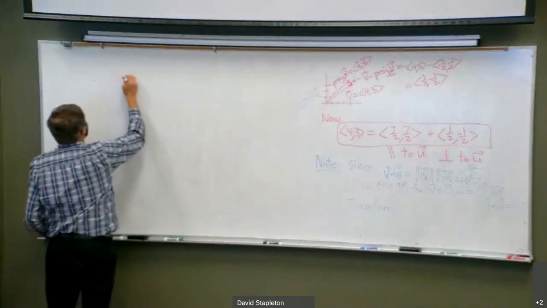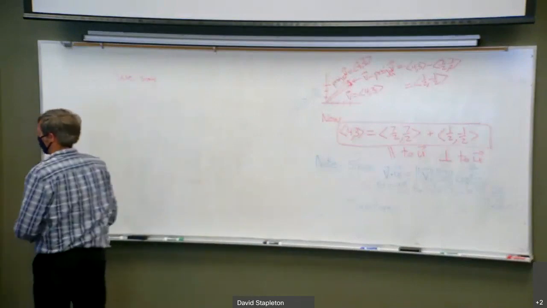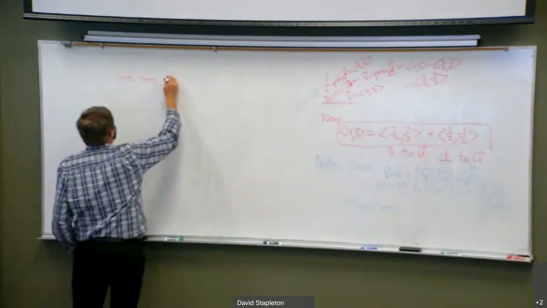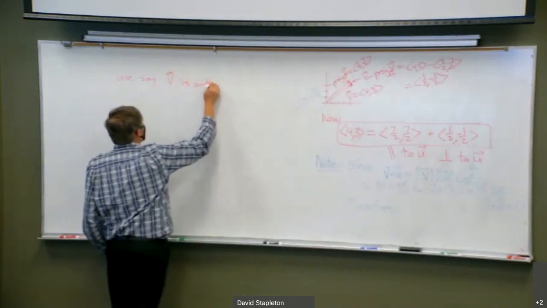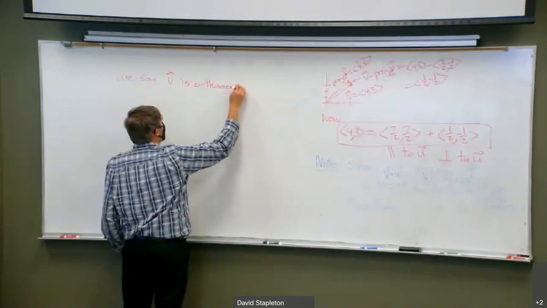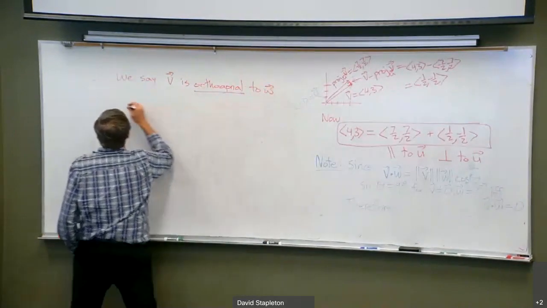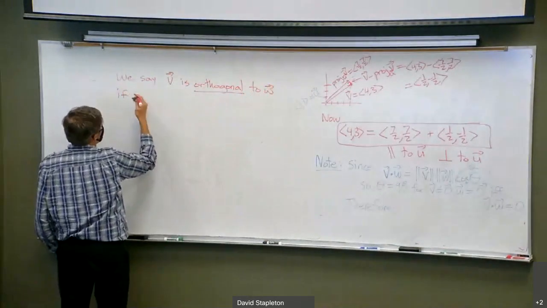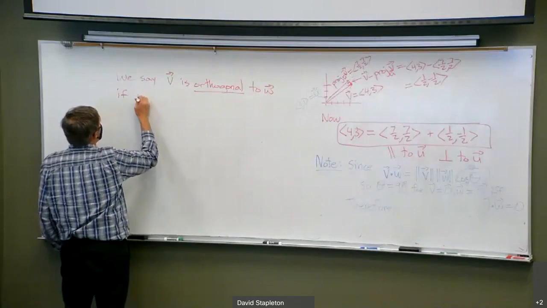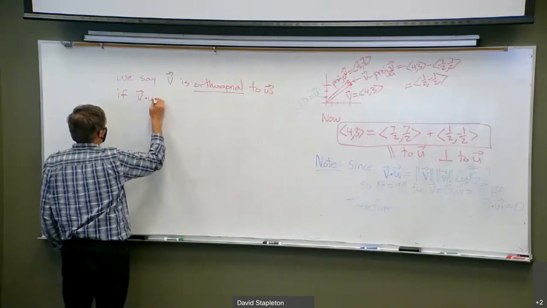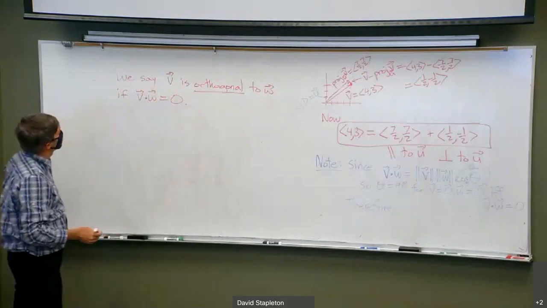We will say that V is orthogonal to W if, since it's a definition, meaning if and only if, V dot W equals 0. Otherwise, they're not orthogonal.